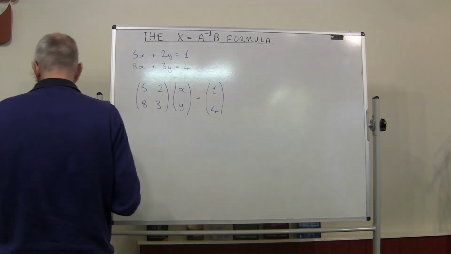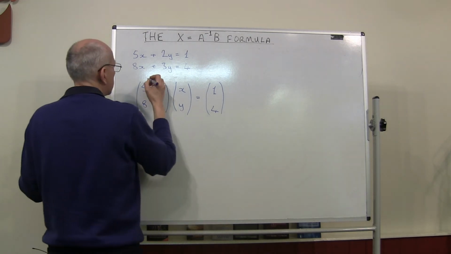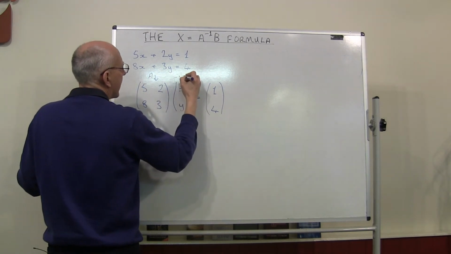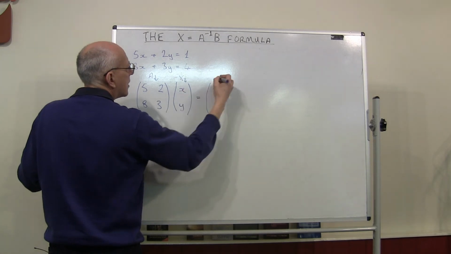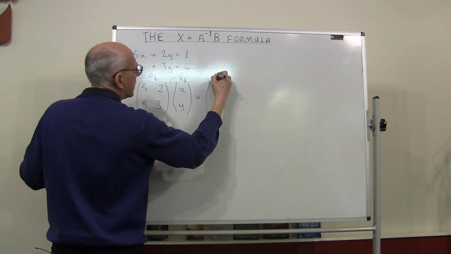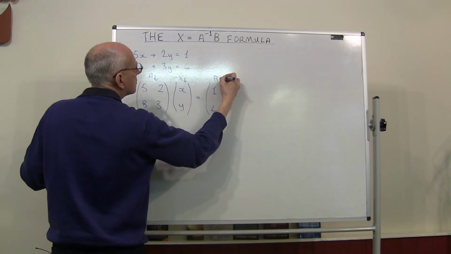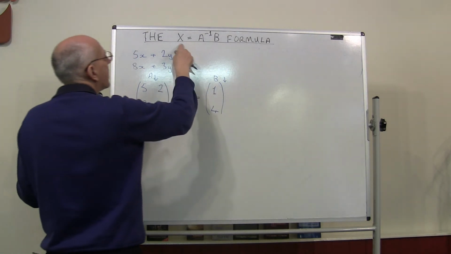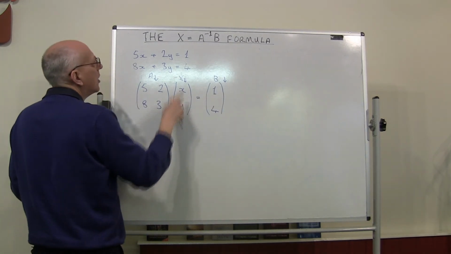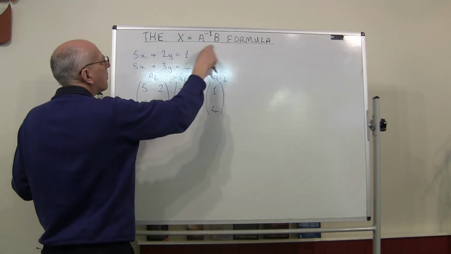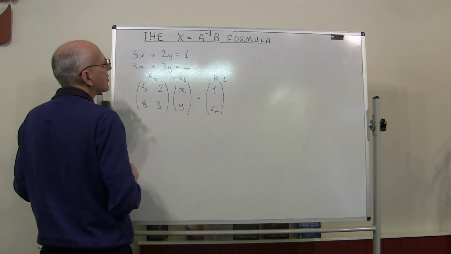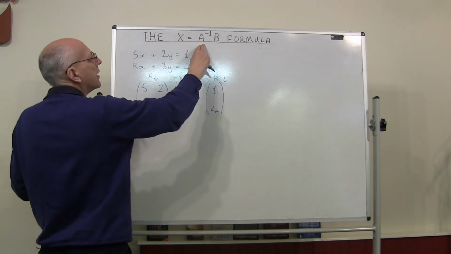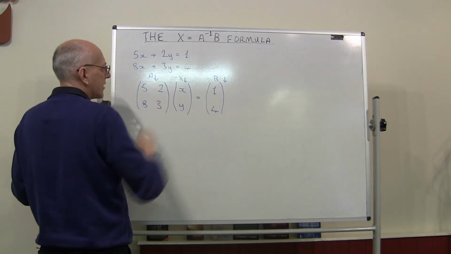Okay, so I can define this as A, this is my x, and this is my B. Now we've got this formula here, we're looking for x, so we can use this formula to find out what x is. So we could write it the other way around, say the inverse of A times B gives me x.